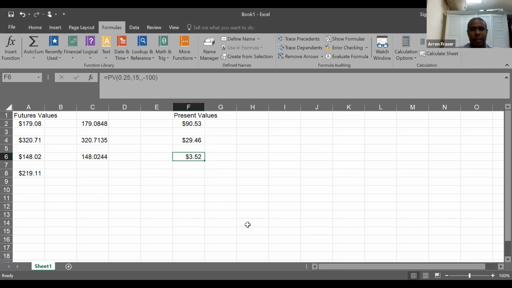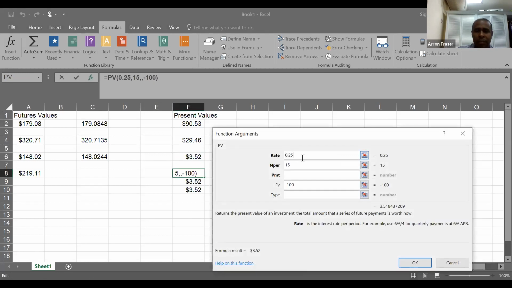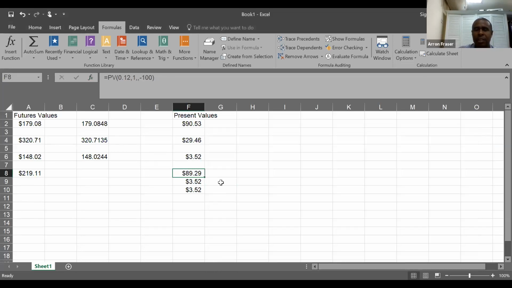So if we just copy this, 3 years, it's 12%, right? $100 at 12%. So in this one, it's 12%. It's for 1 period. So that should give you 89.29.